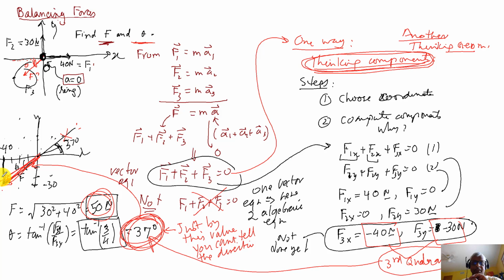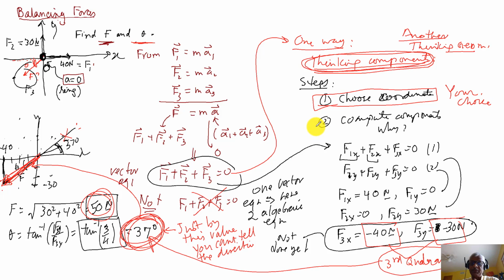Okay, so let's recap. Whenever you come across a balancing forces problem, a very easy strategy is to choose a coordinate system, and this is your choice. I could have chosen something else which would simplify it. Here, it just turns out to be a good choice. As you do more problems, you'll realize which choices work out better than others.